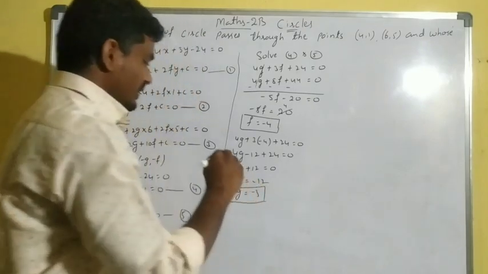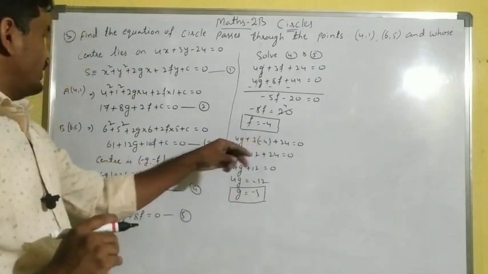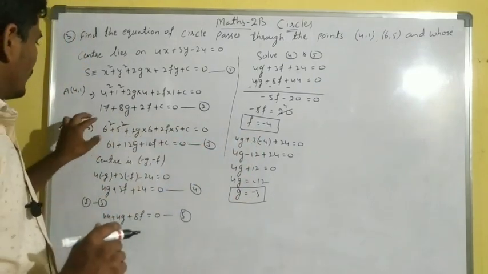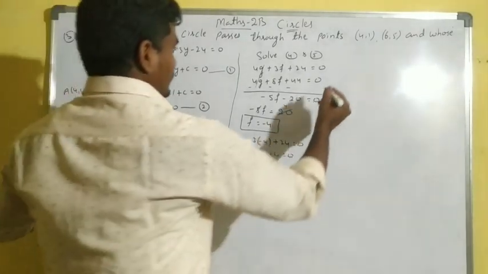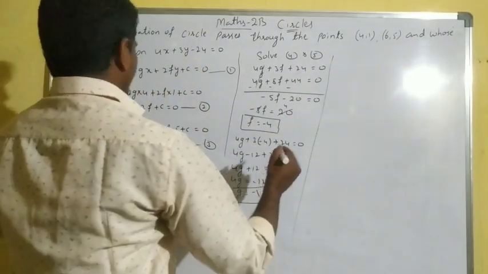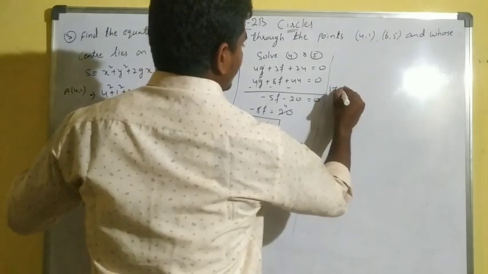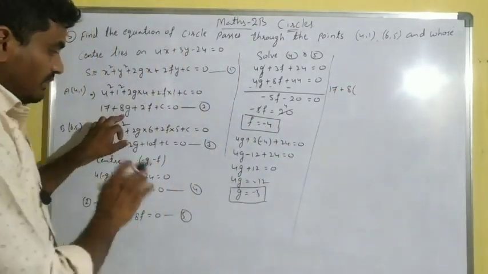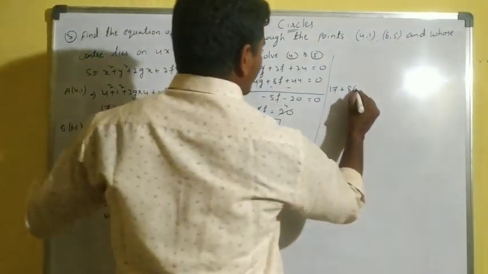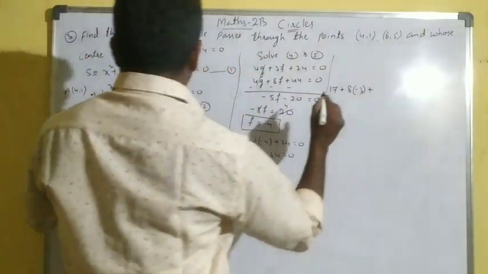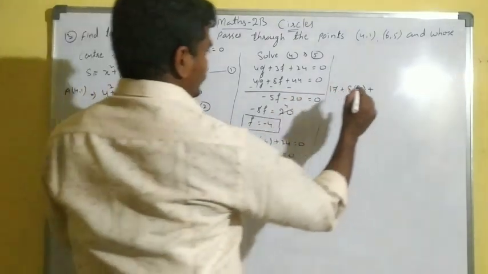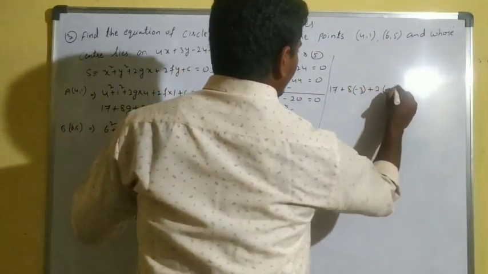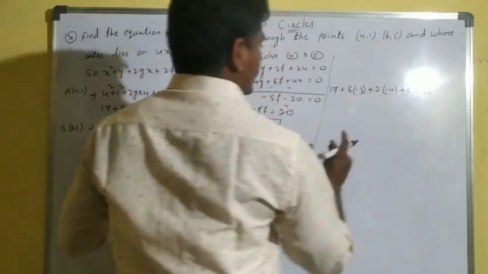After getting the g and f values, substitute in equation number 2, you will get the c value. When you substitute in equation number 2, 17 plus 8 into the g value we got here, minus 3, plus 2 times f, which is minus 4, plus c equals 0.